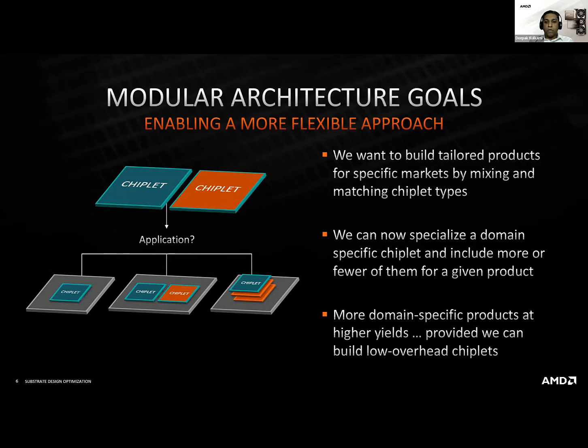So the number of chiplets as well as the type of chiplets that you can mix and match to achieve your end goal provides a significant design benefit, and that has been the primary focus of this talk on chiplets and their design optimization.